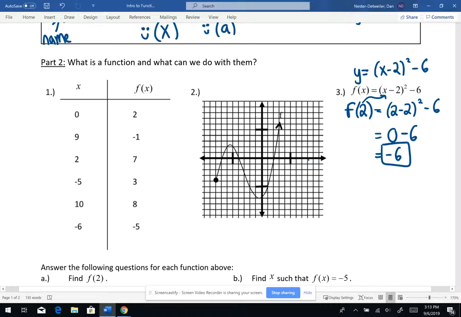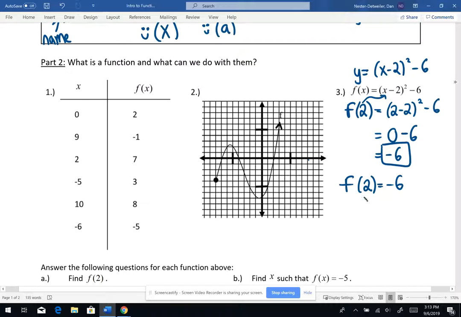A function is something that when I plug in an input, it gives me exactly one output. So I could say that f of 2 equals negative 6. You will never plug in 2 to this function and get something else. I can never plug in 2 and get 13 as an output or negative 100 as an output.